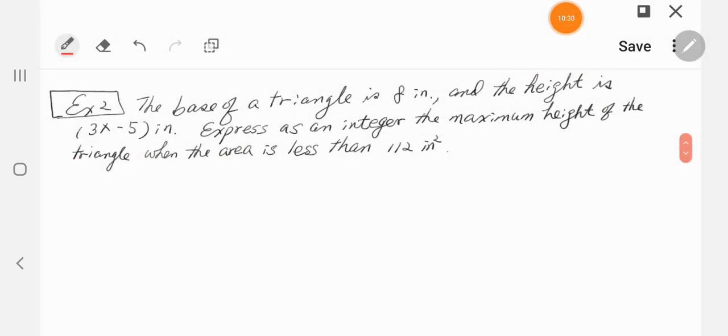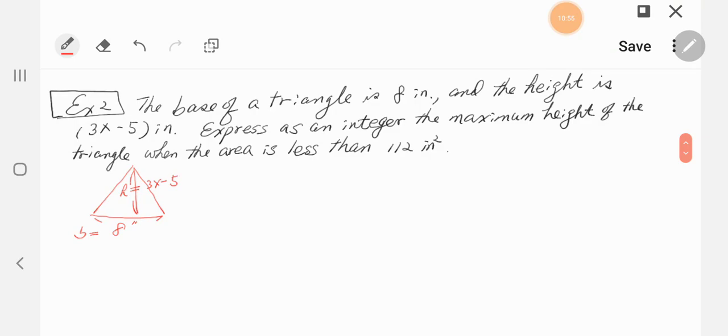Okay, exercise 2. The base of a triangle is, let's say, 8 inches. Here's a triangle. This is the base, and let's say this is the height. The height is 3x minus 5 inches.